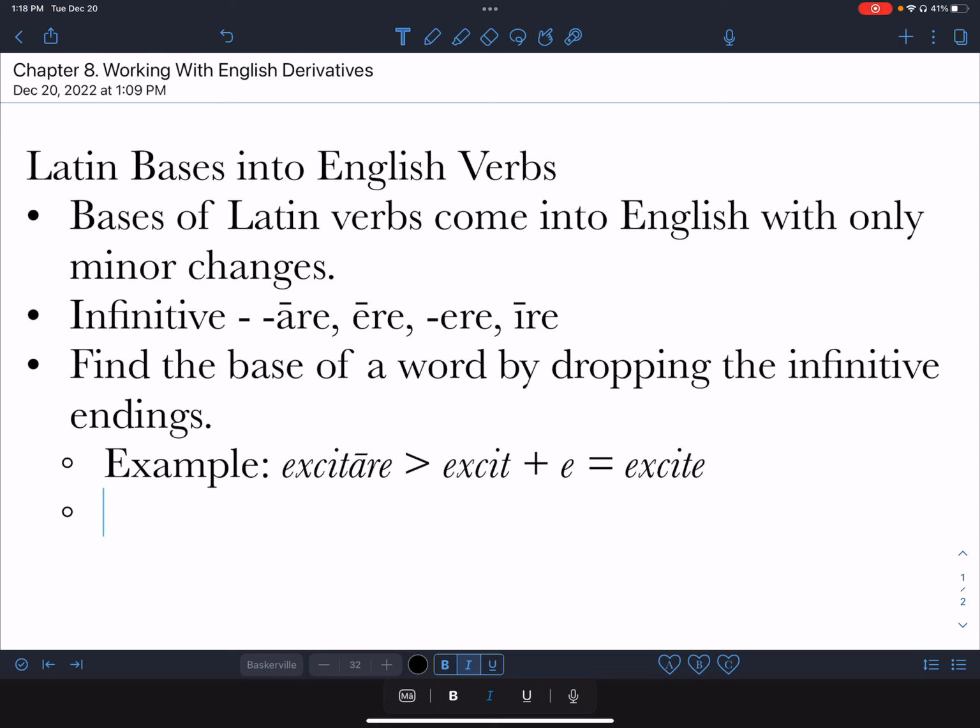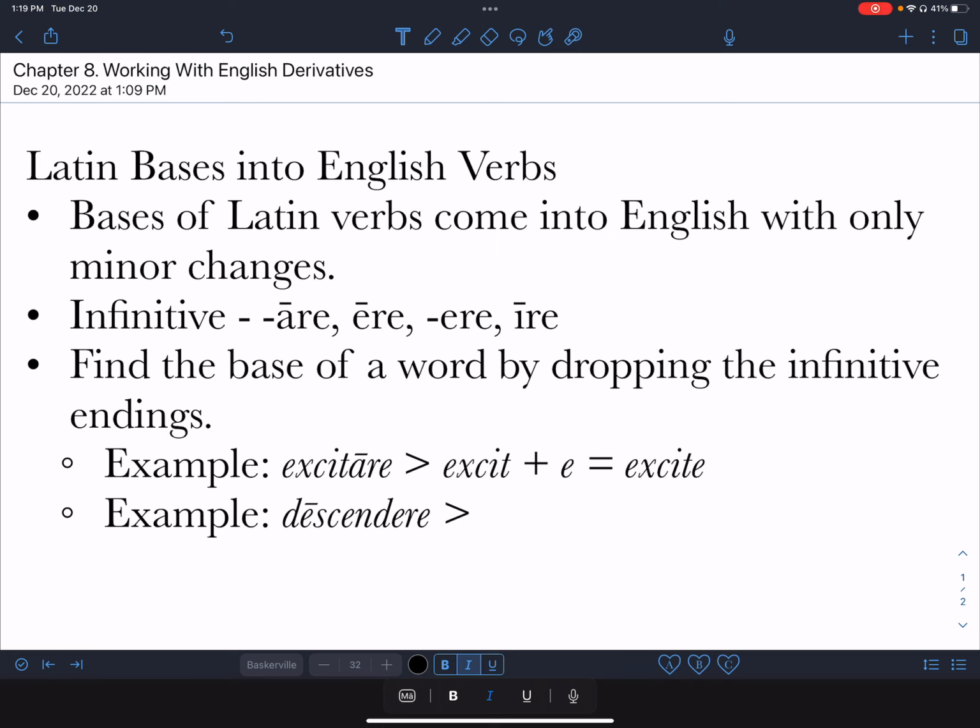Okay, another example. You've seen this one plenty of times. Descendere. What does descendere mean? To climb, yeah, to climb down.